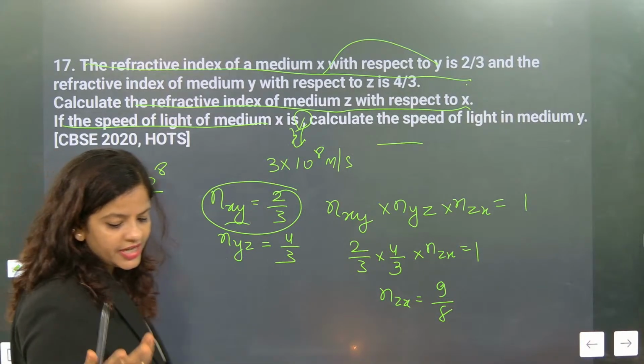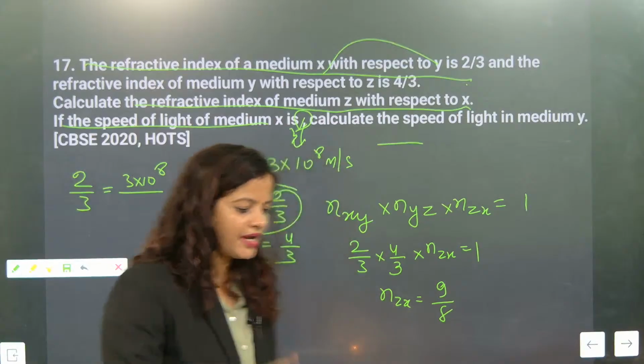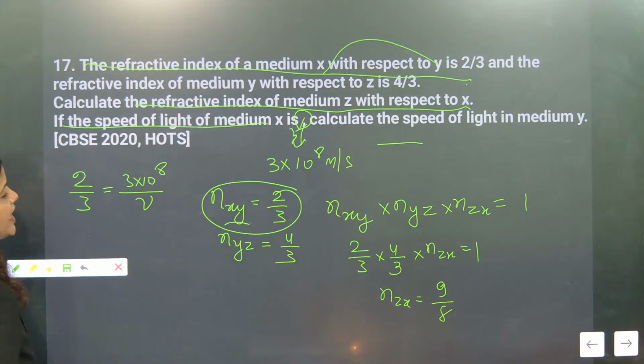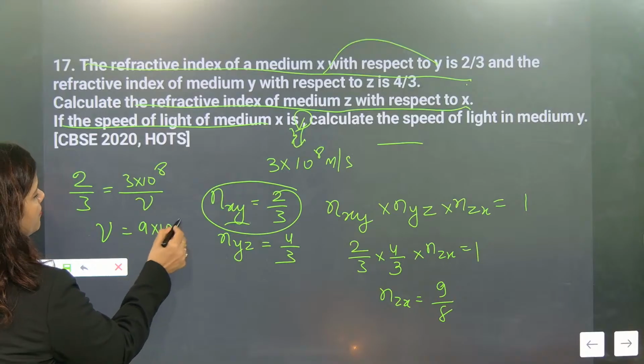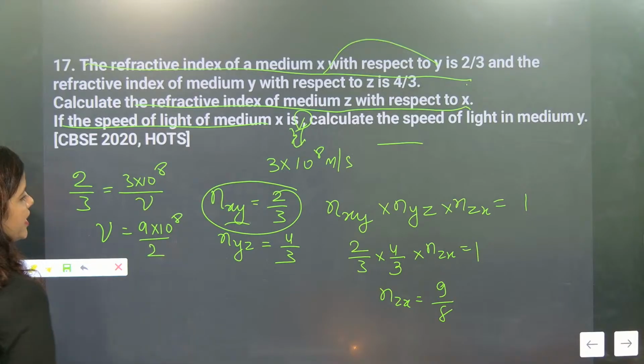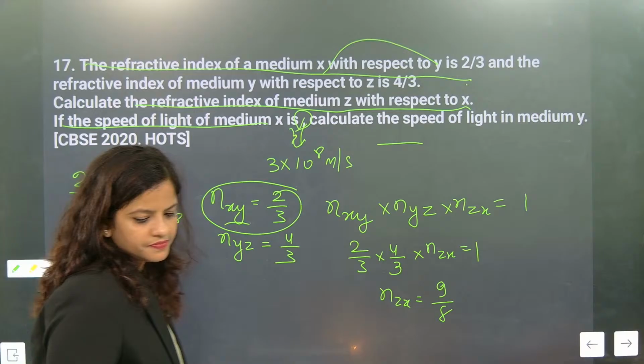We don't know what the other medium is. The velocity of the other medium can be taken as whatever we are going to write. So v will be equal to 9 into 10 to the power 8 by 2. Is it correct? Check this one nicely. 9 by 2 is 4.5, it is very high.